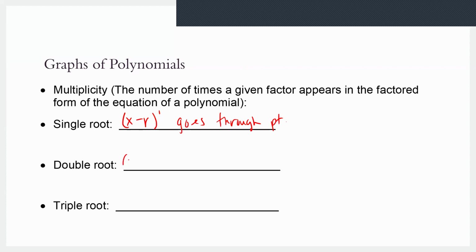A double root is x minus r to the second. That's our double root. r just stands for root number. Okay? And this one's a little different. It's going to sit on the point. I like to call it, it kisses the point. I'm going to draw the pictures here in a minute.